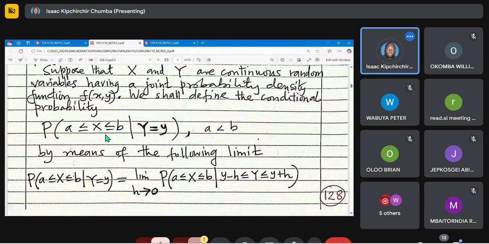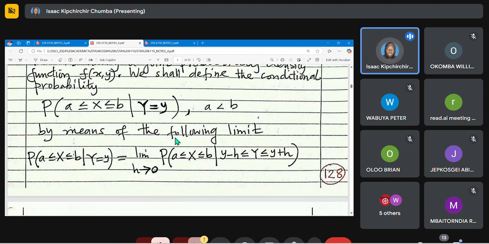Of course, in this interval, A is less than B. Look at that probability very closely: probability that x lies in the interval AB, given that, so it is conditional, the random variable y equals small y. So it has been observed that the random variable y has assumed the value lowercase y. We shall define that conditional probability by means of the following limit.